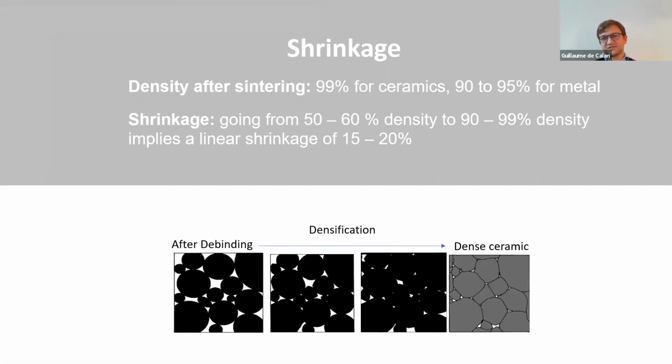Just to explain where that shrinkage comes from, it's quite natural. You have a densification of the part. You start from a part that has something like 50 to 60% density once you have removed the binder, and you go up to a part that has between 90 and 99% density. That obviously means the air, the porosities, need to go somewhere.